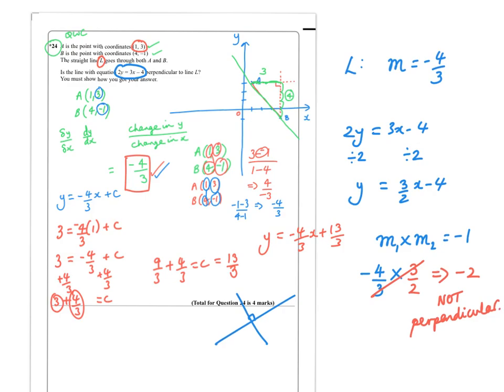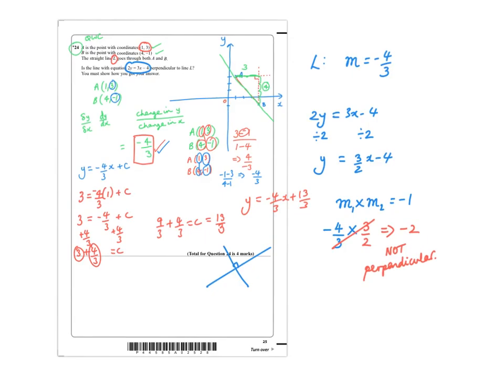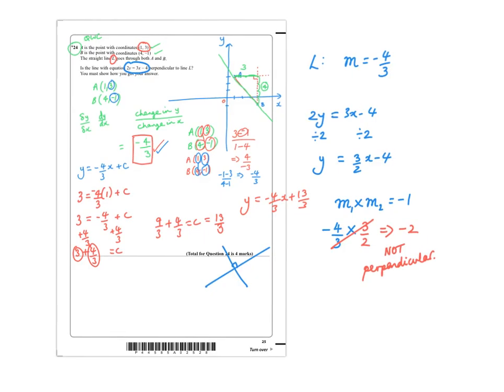Another way of working with this question is if you have a gradient of a line that you found, say of L, we had the gradient was minus 4/3, then if a line was perpendicular to it, what would you have to times it by to give -1? Well, if a line was going downhill, it would have to go uphill to be at right angles, so it would have to have the opposite sign, i.e. positive, and then 4/3 times what gives the 1?